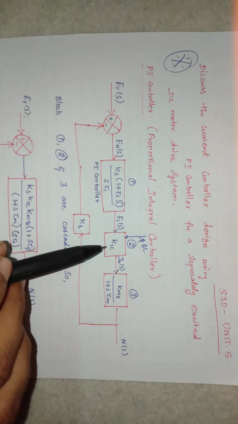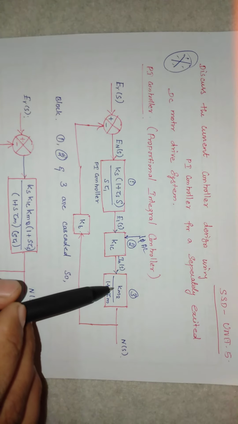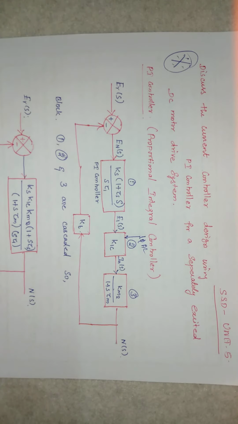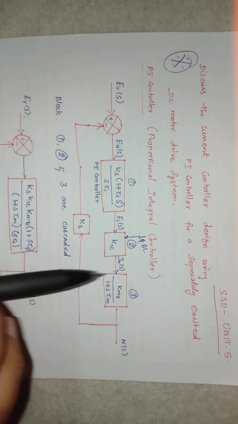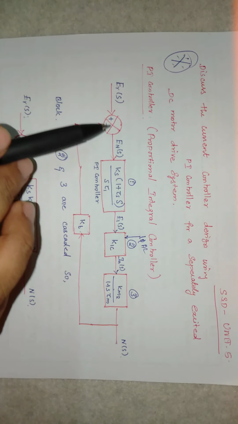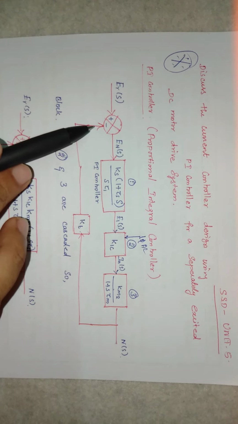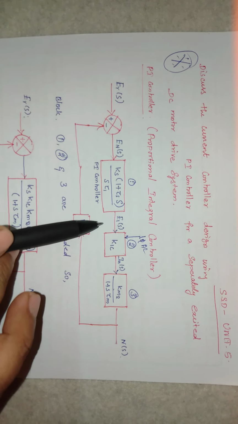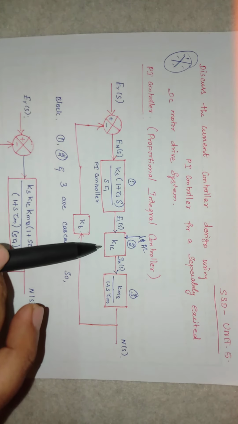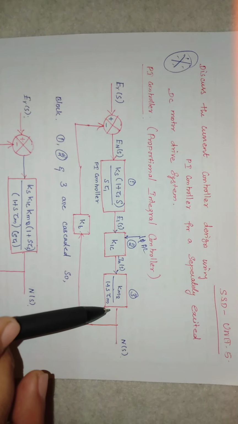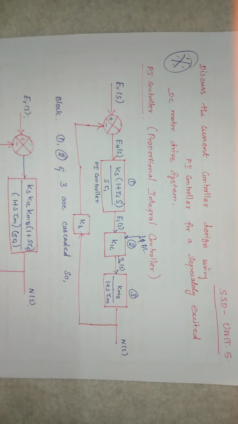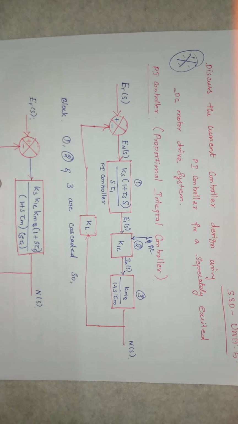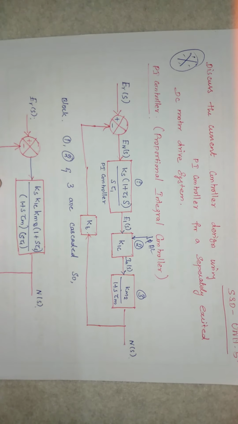Once the converter produces armature current, which is given to the machine, the machine produces speed. This is our main flow. For this main flow, this is our feedback. Based on that feedback, a control signal is produced. That control signal controls our converter, which converts the armature voltage or armature current of the motor. So this is our block diagram for the PI controller for a separately excited DC motor drive system.